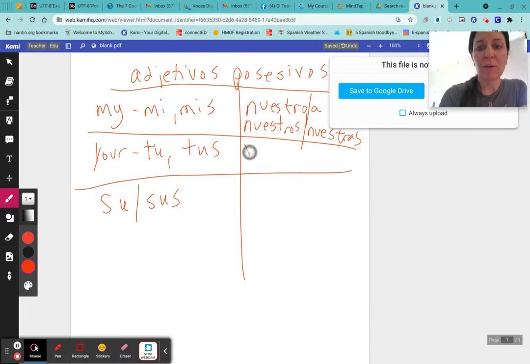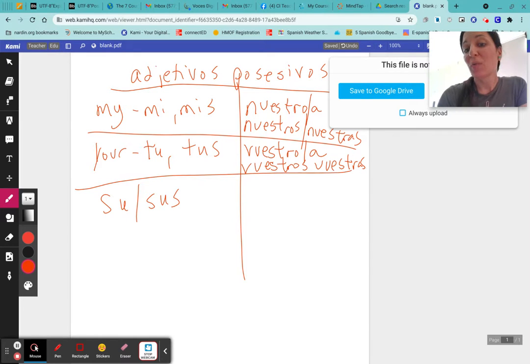For the vosotros, it's either going to be vuestro or vuestra, or also vuestros or vuestras. So there's 4 different forms based on if it's feminine singular, vuestra casa, or masculine singular, vuestro papel, y'all's paper, or vuestros papeles, y'all's papers, or vuestras casas, y'all's houses. So it has to match.